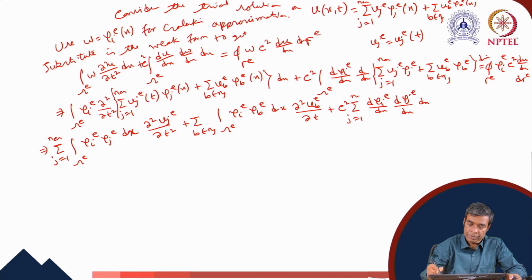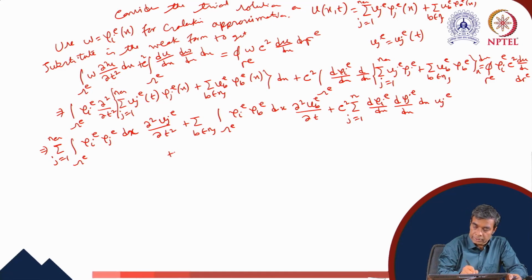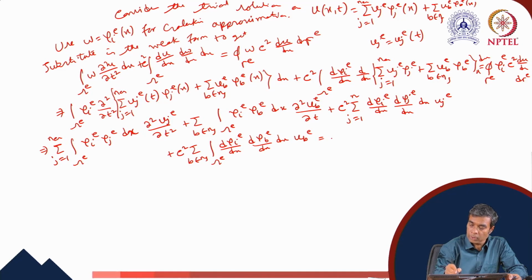So here dx should come into uj plus c square summation over b belongs to eta g integration over omega e d psi ie dx d psi be dx dx multiplied with ube equals to boundary integral along gamma e psi ie c square du dx d gamma e.